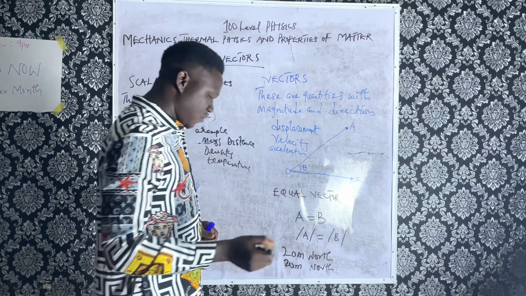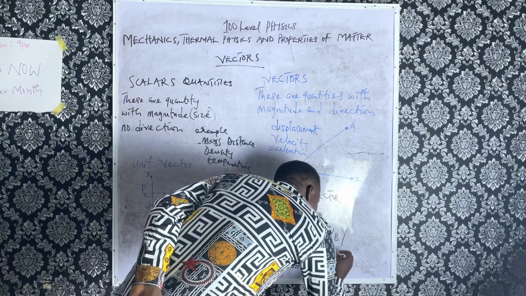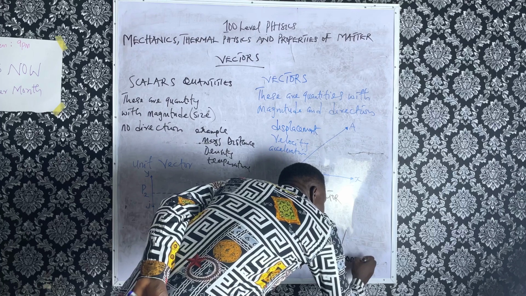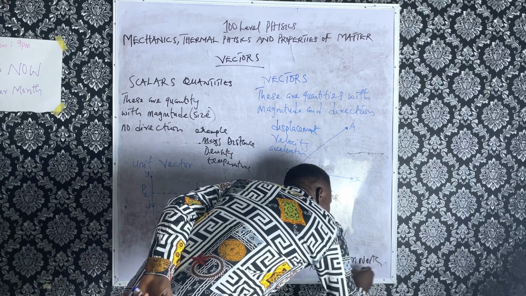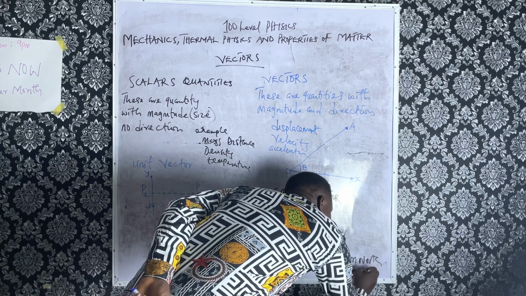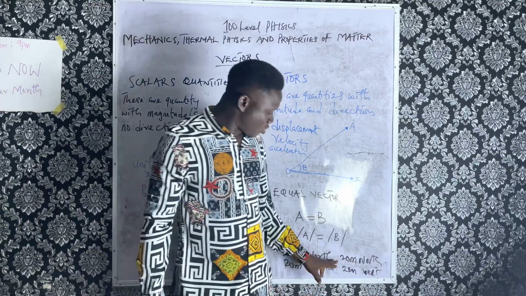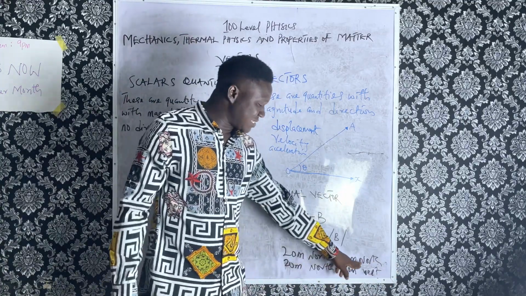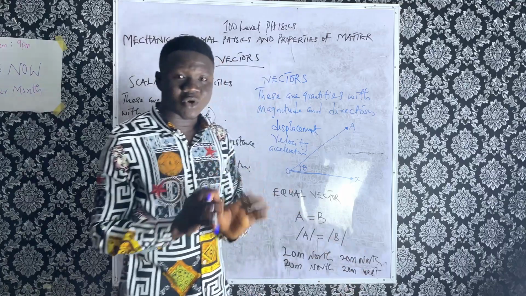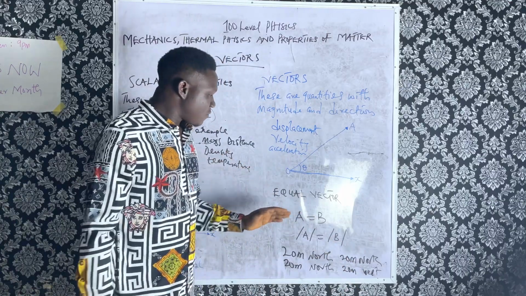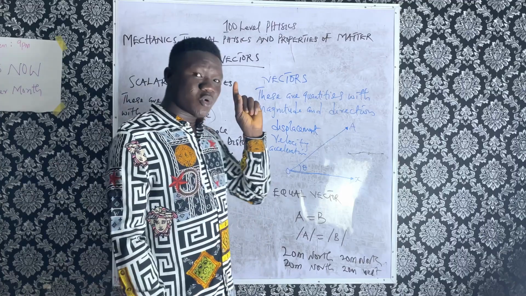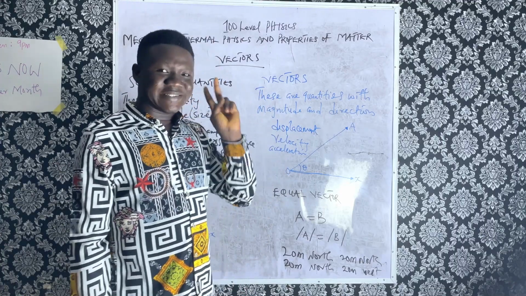Also, if I'm moving 20 meters north, and another person is moving 20 meters west, you can see the quantities are the same, but the directions are different. So they are not equal vectors. For them to be equal, they have to be equal in magnitude and in direction.